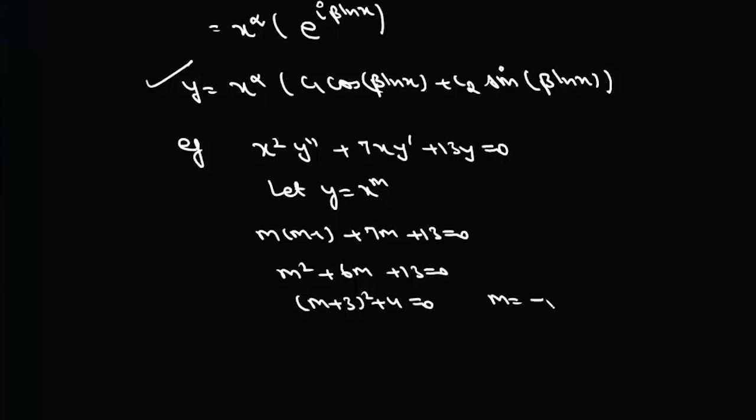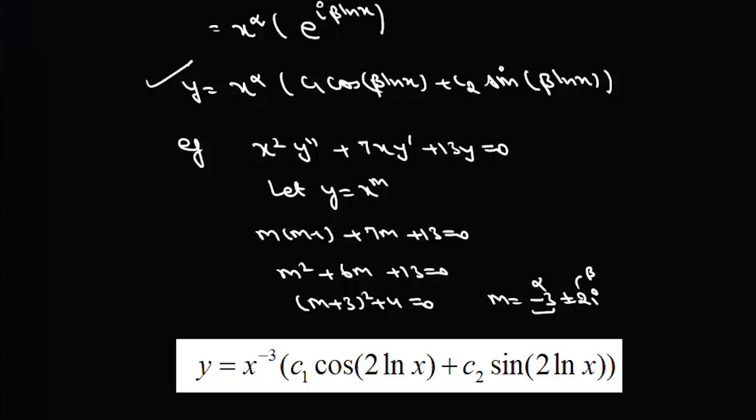So value of m is minus 3 plus minus 2 iota. Now this is your alpha and 2 is your beta. So we can directly write the solution as y equals x to the power minus 3 c1 cos 2 log x plus c2 sine 2 log x. So this is how we solve Euler-Cauchy equation.